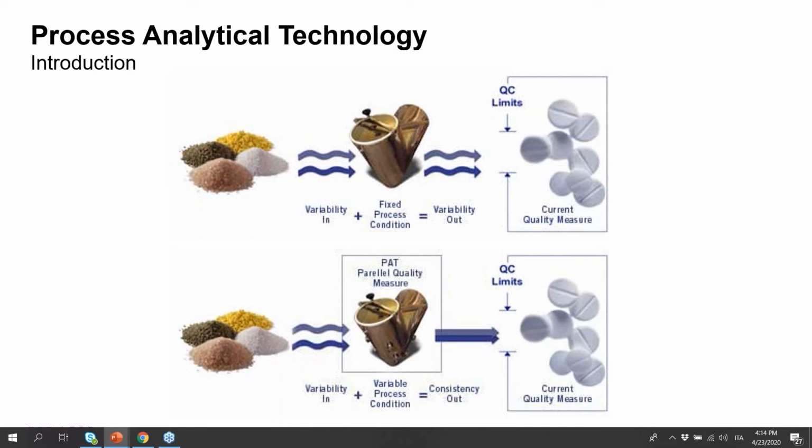Even if we buy the same kind of product with the same code from the same supplier, there is anyway a small variation. If we keep the process constant, it's crystal clear that at the end the product will be variable.